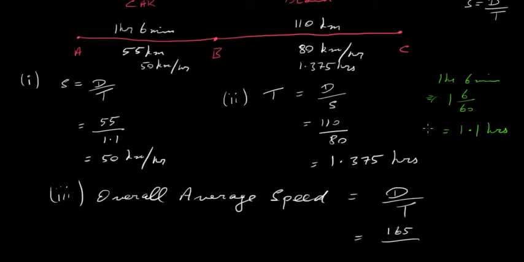Our overall time then is going to be 1.375 hours plus, this is actually 1.1. We worked that out as 1.1 hours. Let's see, it's 1.375 plus 1.1, so it's actually going to be 2.475 hours.